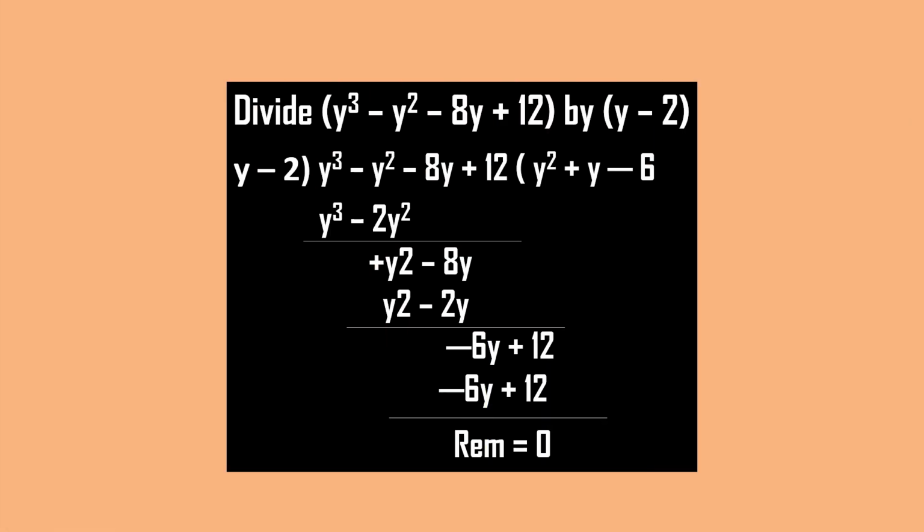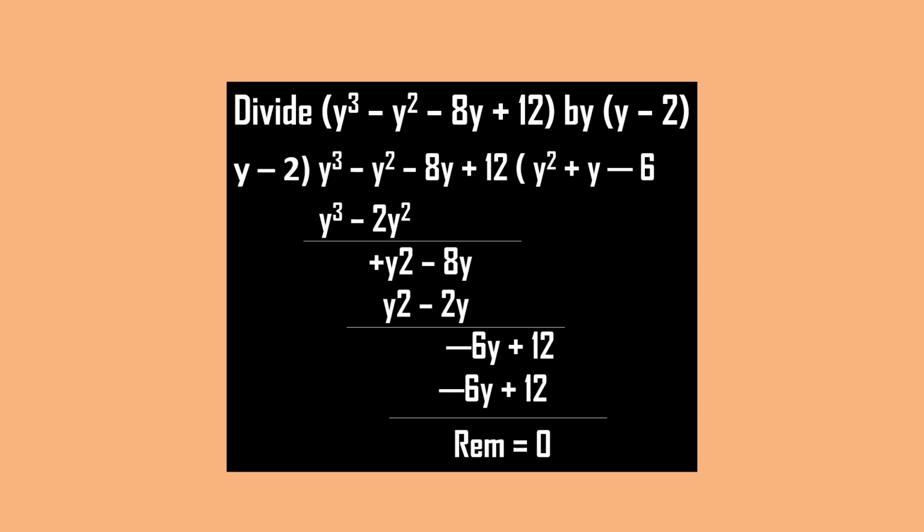After finding that y minus 2 is a factor, we can actually divide. Because it is a factor, the remainder must be 0; it must be exactly divisible. So the expression is divided by y minus 2, and be sure that the remainder is 0. If the remainder is not 0, that means we have made a mistake somewhere, and we have to recheck.